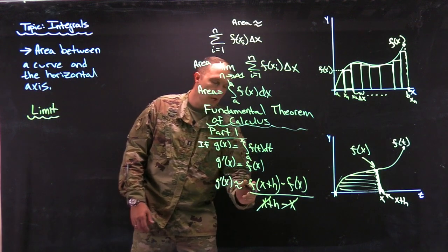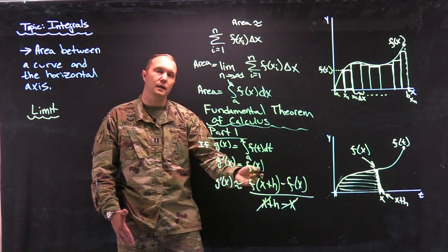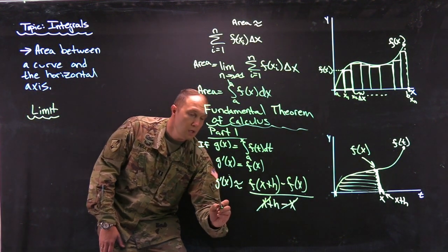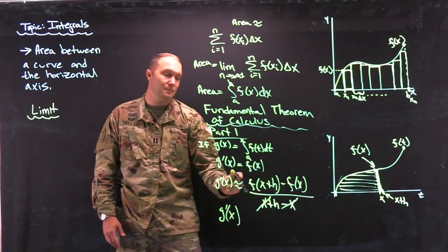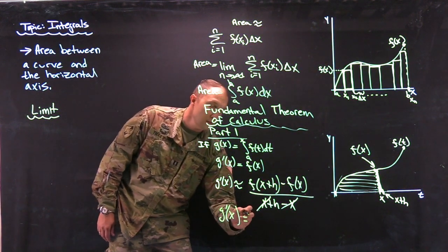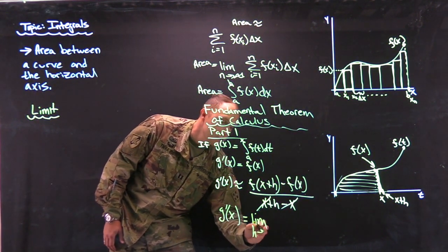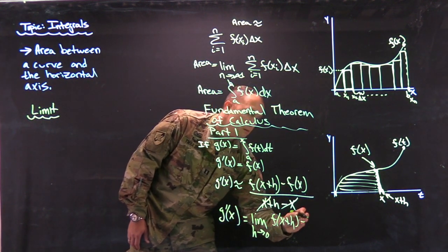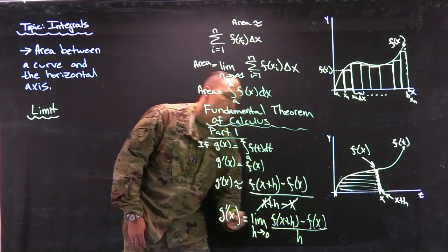Okay, so what do we realize about this? Well, this looks like how we were calculating an average rate of change. So to make this go from an estimate to an exact solution, g prime of x is simply equal to the limit as h approaches 0 of f of x plus h minus f of x all over h.